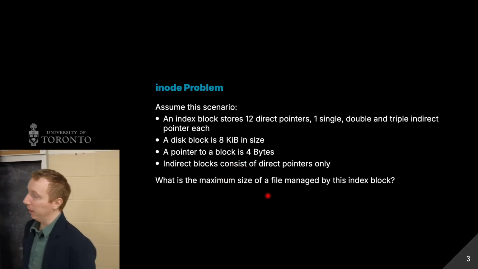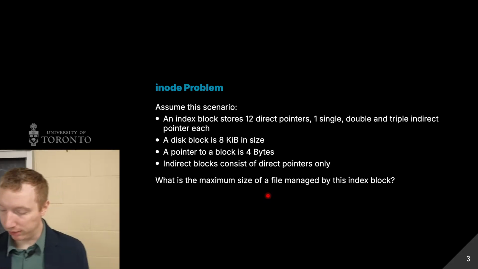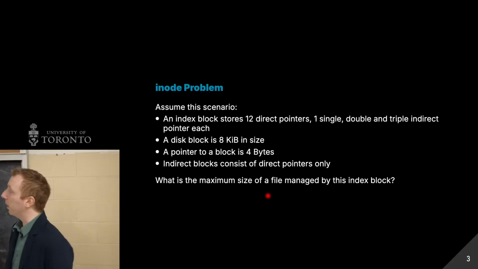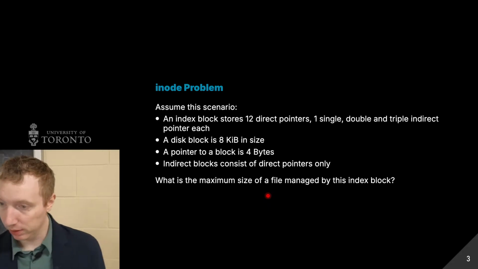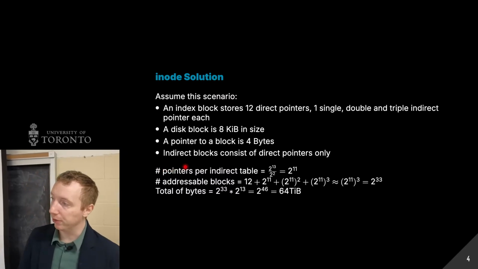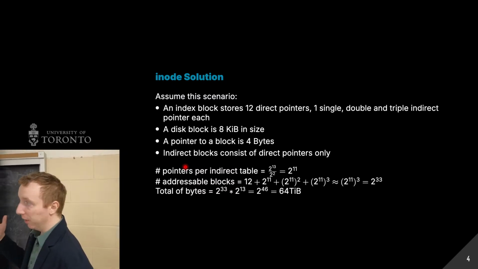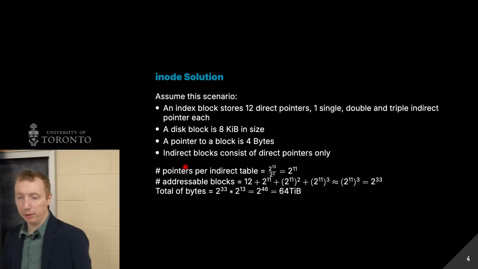So then we can answer the question, what is the maximum size of a file managed by this index block? Or how many data blocks can it point to? Well, just like with virtual memory, we figure out how many pointers we can store on a single block, so in a single indirect table.